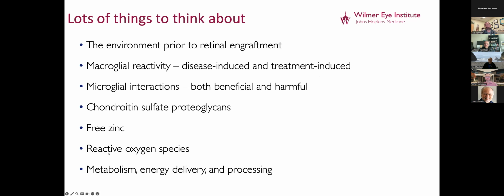And then, we have a lot of seminal work from optic nerve and from spinal cord and other parts of the brain where we can point to inhibitory molecules and things that may be preventing the functional engraftment of these cells as much as they can, like CSPGs.